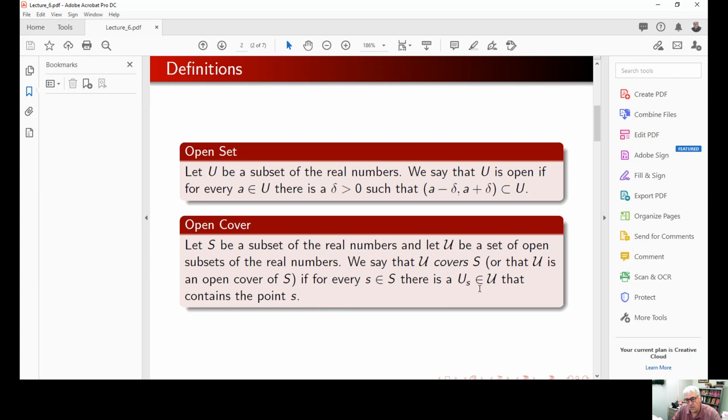And so this set of cups covers S if all of the little marbles in S are contained in one of those cups that are in my collection of cups script U. If that helps you, fine. If you get it just by the plain language as it's written, go there. This is a concept we're going to be living with.